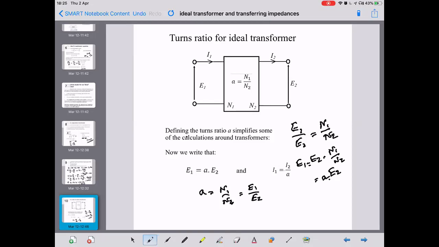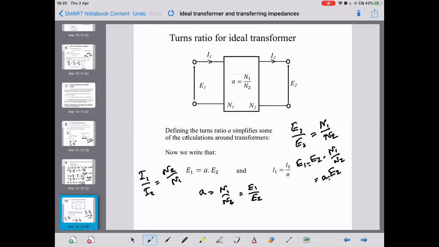Do you want to see where that one comes from using the whole equation? Because we know that I1 over I2 is equal to N2 over N1.